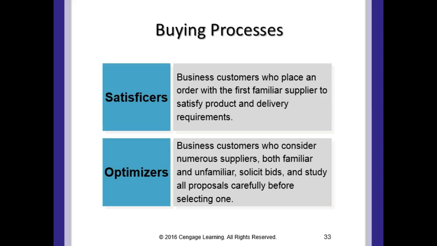But the big thing is they contact familiar suppliers. Optimizers consider numerous suppliers. They want to get a lot of information, usually get bids, then study all the proposals and select the one they feel is best for what they're looking for.